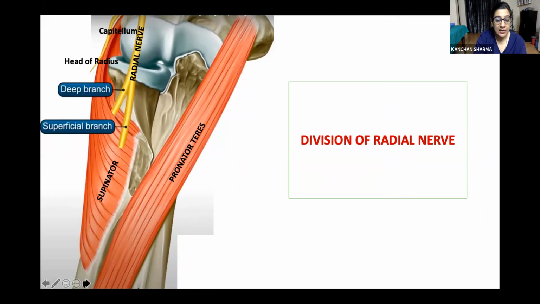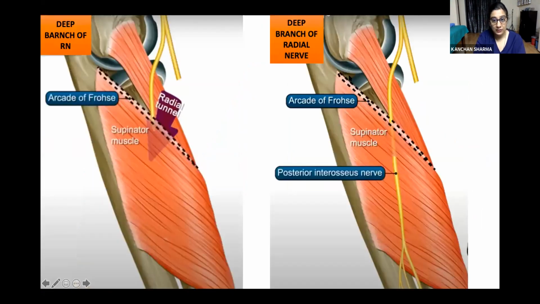And where it enters the 2 heads of the supinator, on the top, you have the arcade of Frohse. This is a fibrous ridge. It's a normal thing, but if this ridge becomes very thick, that could be the reason for the entrapment of this deep branch.